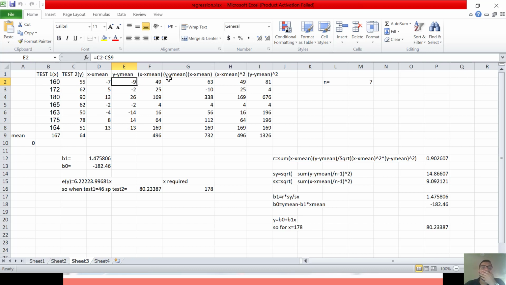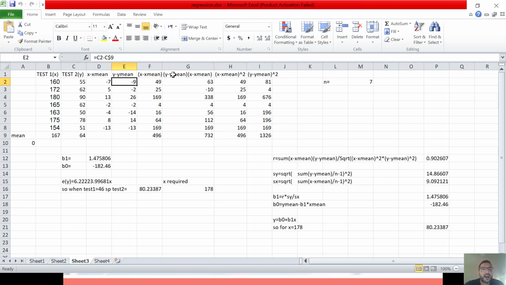And then I want to do delta y over delta x. So basically I'm going to say delta y multiplied by delta x divided by delta x squared, which is basically the same as delta y divided by delta x.